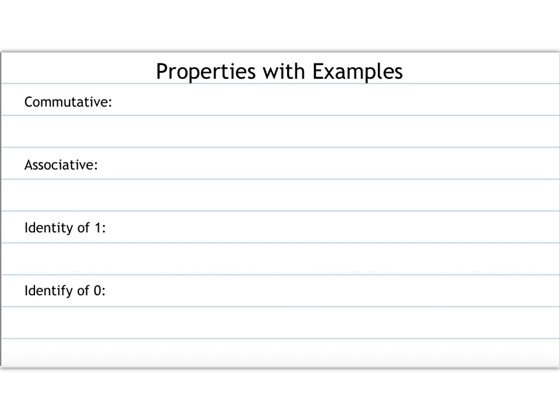So, properties with examples. Commutative: I like to think of it as the word commute in there. Commute is when you drive. When I drive from home to school, I drive the same distance. If I'm driving home to school and that's 5 miles, that should be the same as me driving school to home, and vice versa.